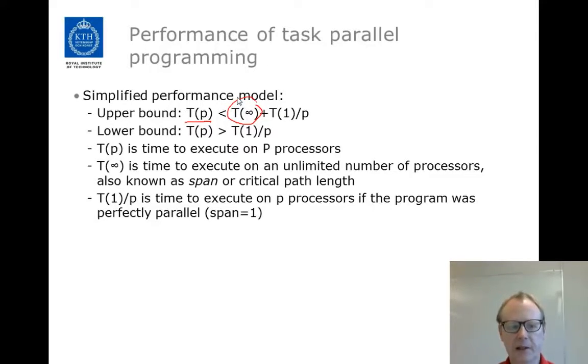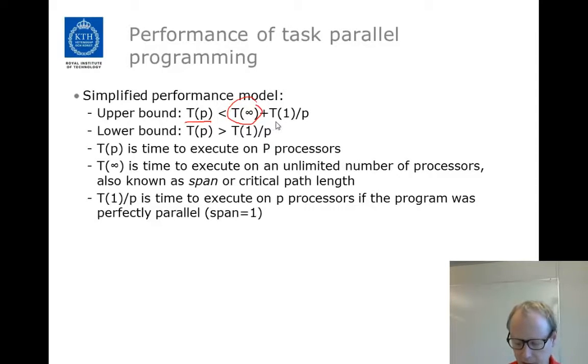This is the time to execute the program on an unlimited number of processors. This is also called the span. And then, so this is sort of a, you cannot execute the code any faster than this with any number of processors.